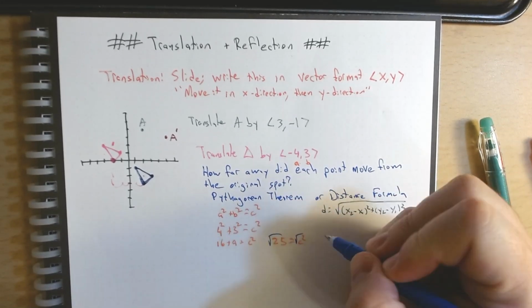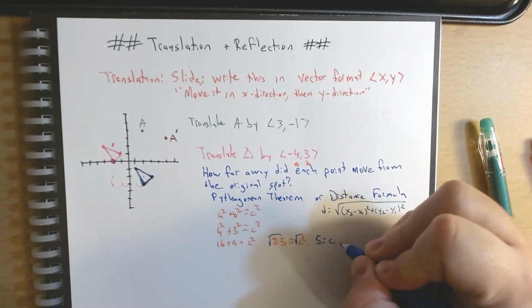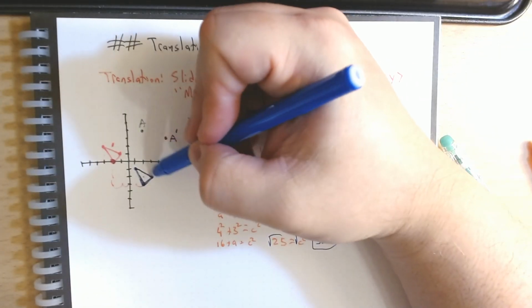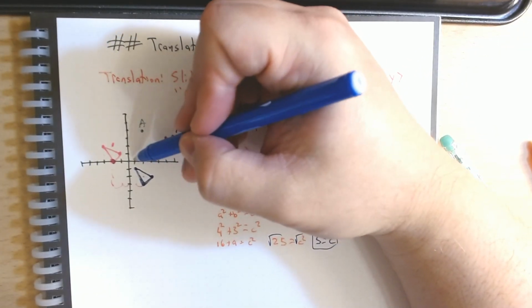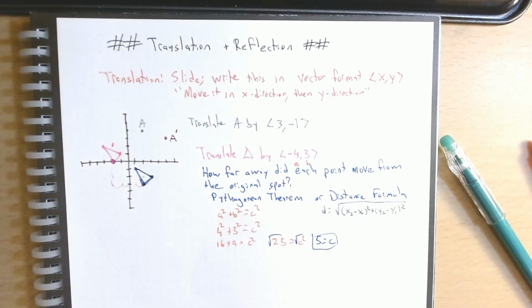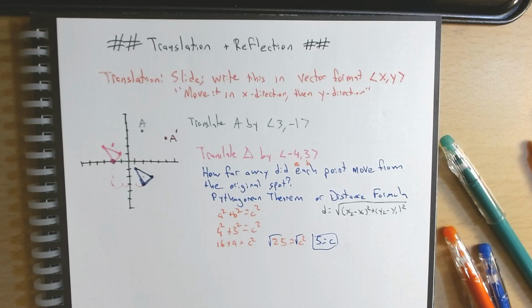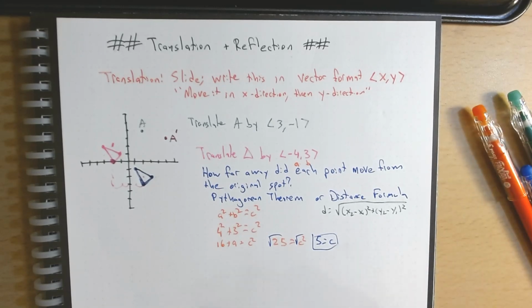Square root both sides and you get 5 equals c. So basically, if you measured each point on a ruler, if this was all to scale, each point would be exactly 5 units away. That's all for translation. Like I said, it's generally the simplest one. It's just moving things and knowing what's going on.